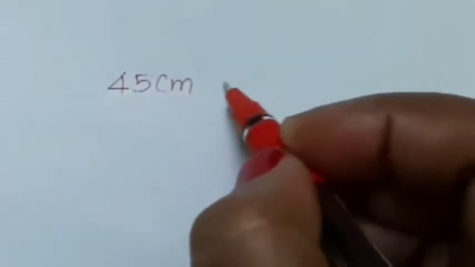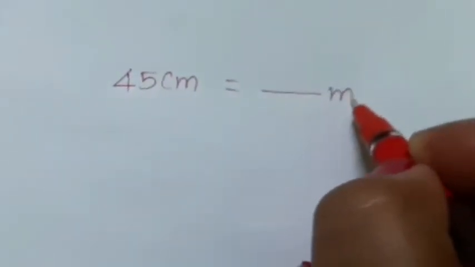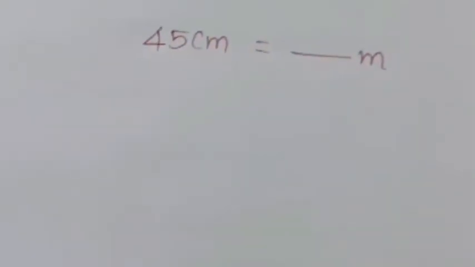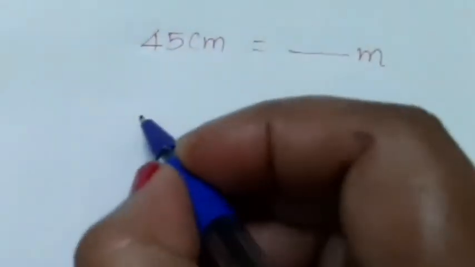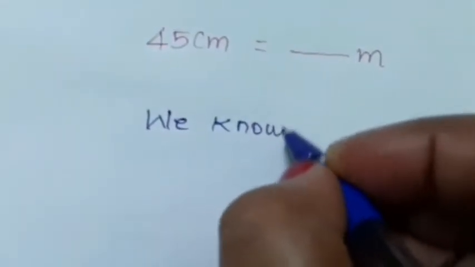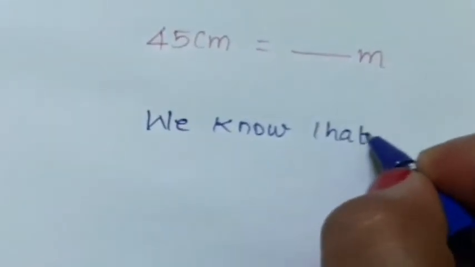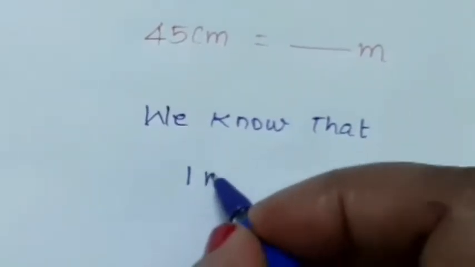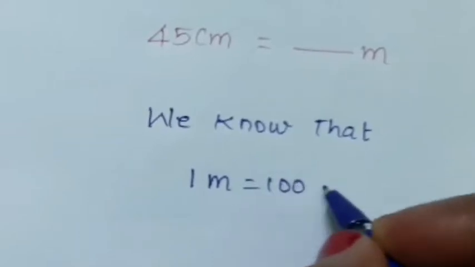Let us see how to convert 45 centimeter into meter. We know that one meter is equal to 100 centimeter.